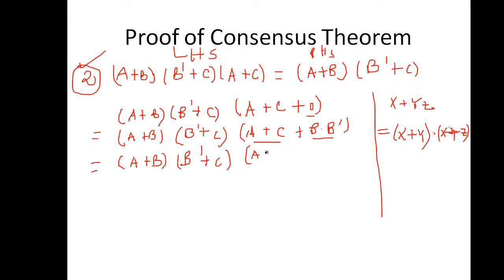X will be A plus C, and Y is, suppose, B. So A plus C plus B will be one term, and the second term will be A plus C, because this is constant, right? A plus C is X, and this is B as Y, and this is Z. So A plus C plus B bar will be there. Can we write it here?